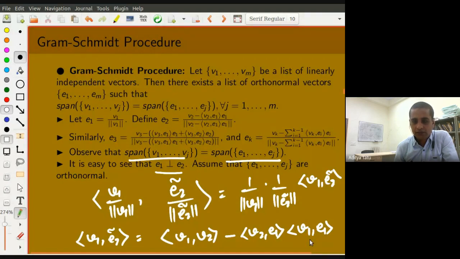So what would this be? Can you show that this is 0?